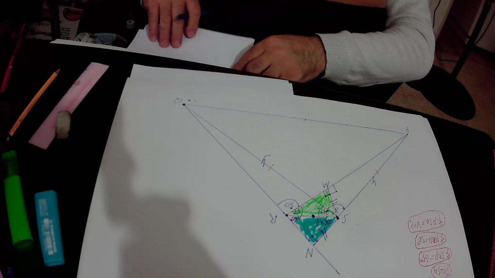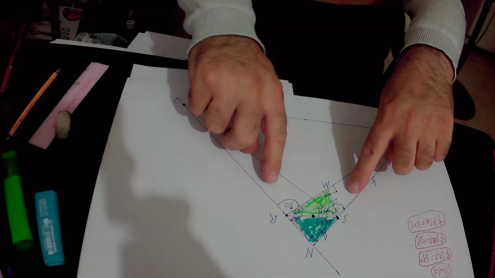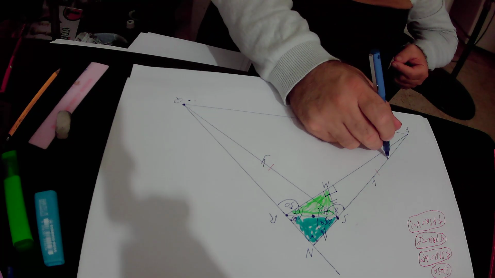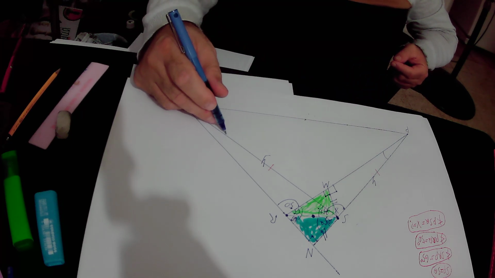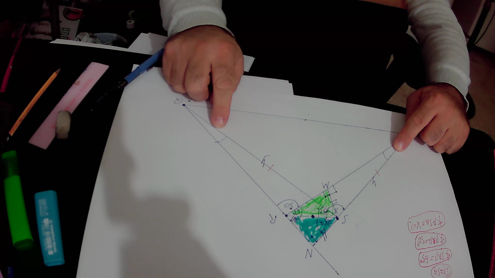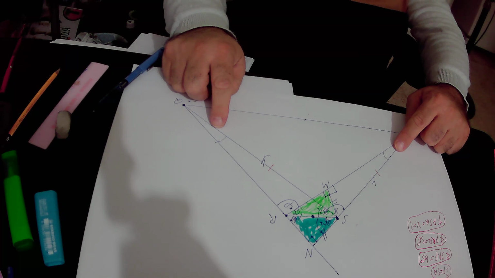And from the fact that those two right triangles can go into each other, we can conclude that those two angles are equal to each other. Those two angles are equal to each other according to the rule that corresponding angles in congruent triangles are equal to each other.